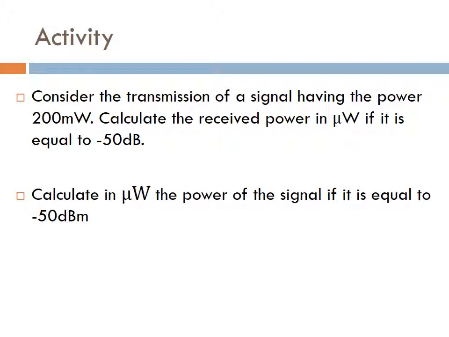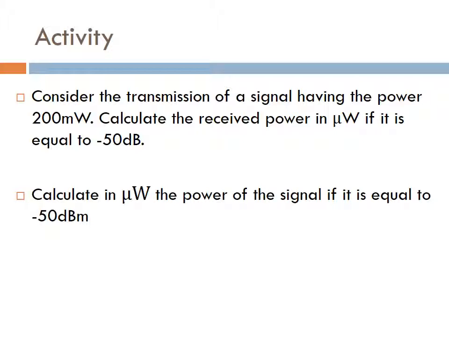Consider the transmission of a signal having the power 200 milliwatt. Calculate the received power in microwatt if the loss is equal to minus 50 dB. So minus 50 dB equals 10 log base 10 of P2 over P1, where P1 is 200 milliwatt.